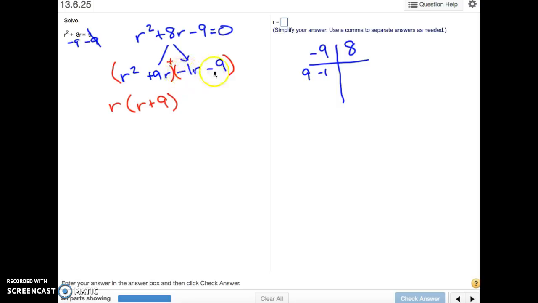These both have the negative in common, so negative 1 times r plus 9, because when I divide the negative by negative, I get r, and negative 9 divided by negative 1 is 9. These match up. And then my other set, I get the r minus 1.